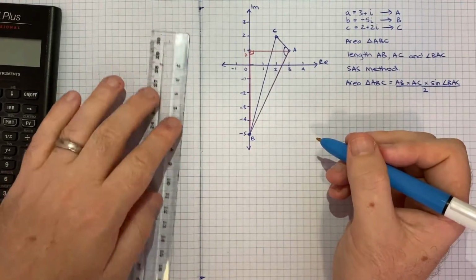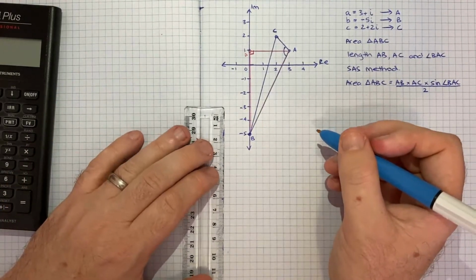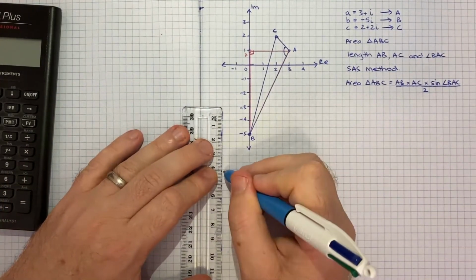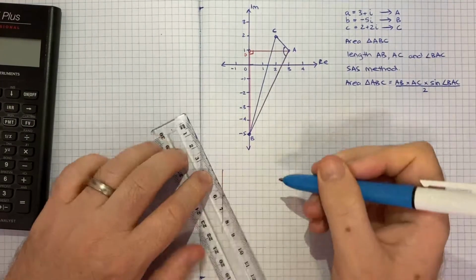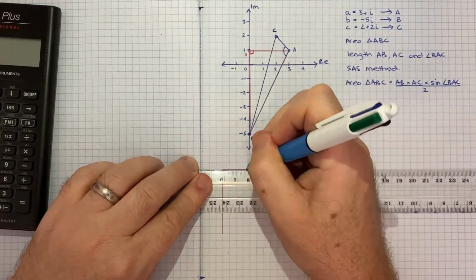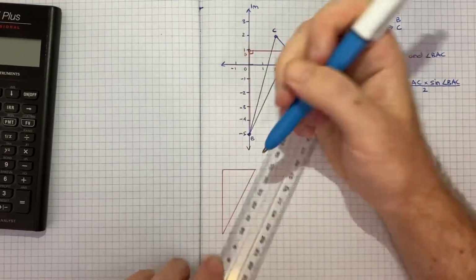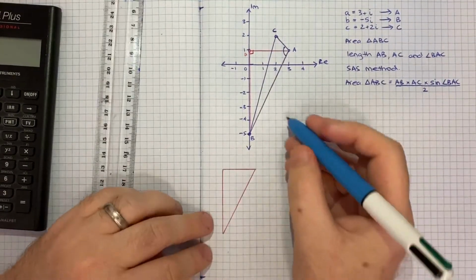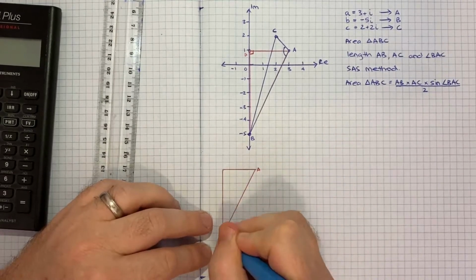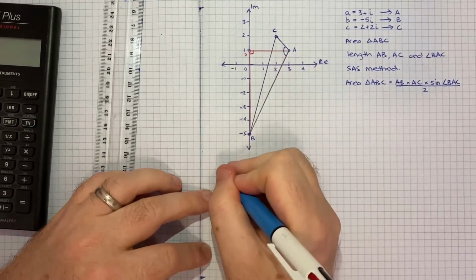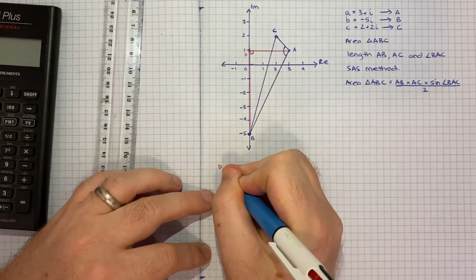Maybe I'll draw this up separately down here. This won't be to scale, but I'll keep the shape somewhat similar. So we've got this triangle A, B, D, which is right-angled.